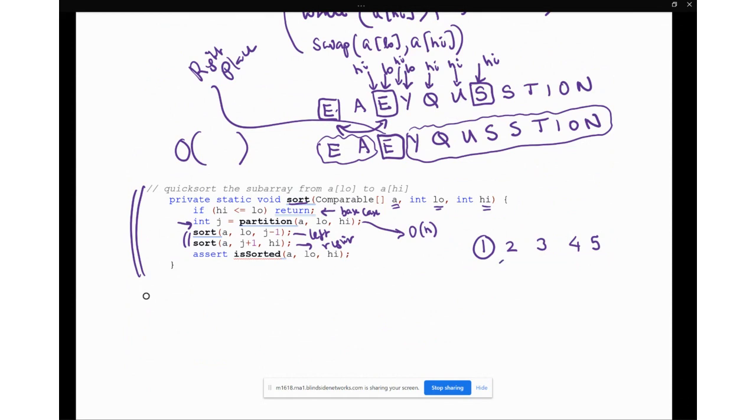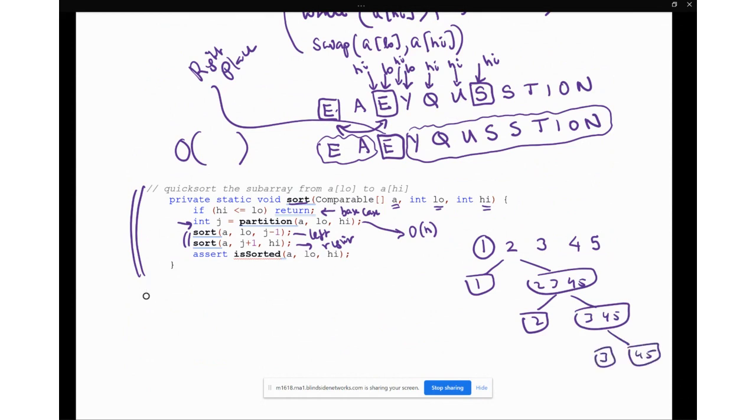So you split it into 1 and then 2, 3, 4, 5. Then you pick 2 and 3, 4, 5, and so on, right? So then you pick 3 and then 4 and 5.